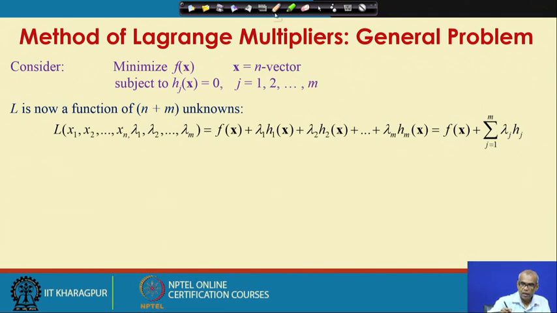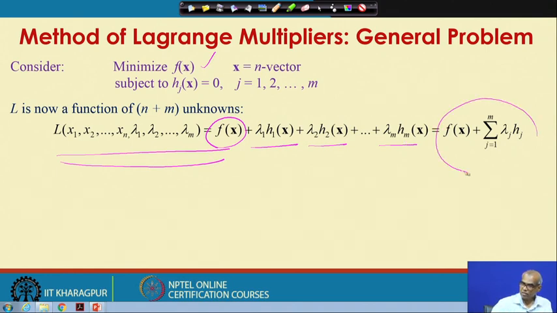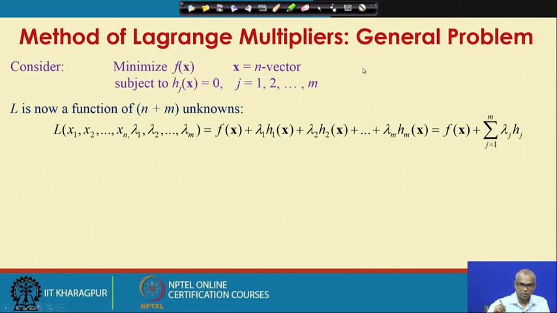and the Lagrangian can be formulated as the function f x plus lambda 1 h 1 plus lambda 2 h 2 plus lambda 3 h 3 up to lambda m h m, which can be compactly written as f x plus sigma j equal to 1 to m lambda j h j.